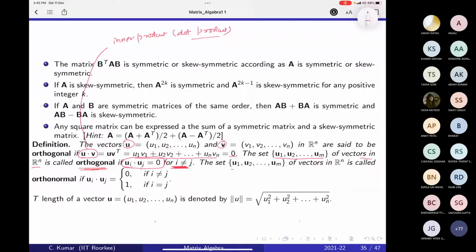We can say that these vectors are orthonormal if, first of all, they are orthogonal. That means if i and j are different, then the dot product of ui and uj is 0.